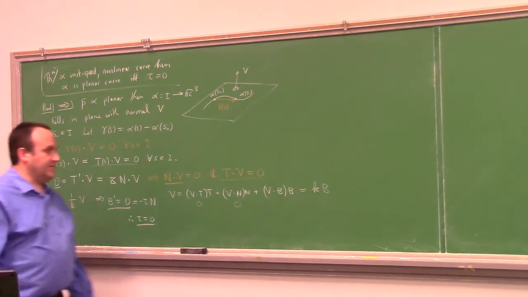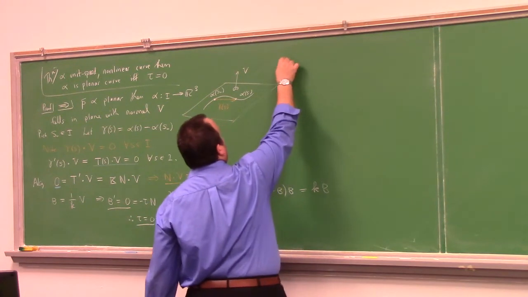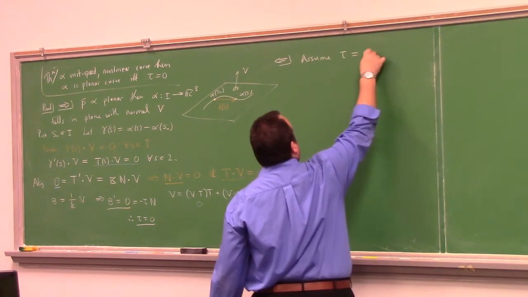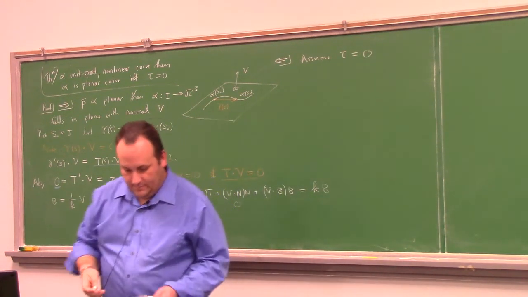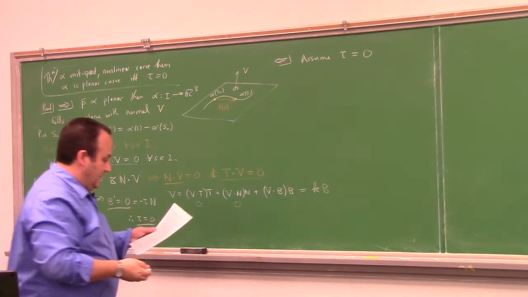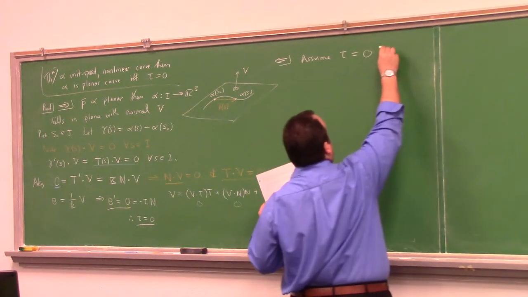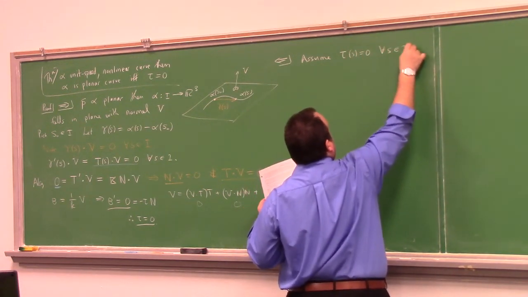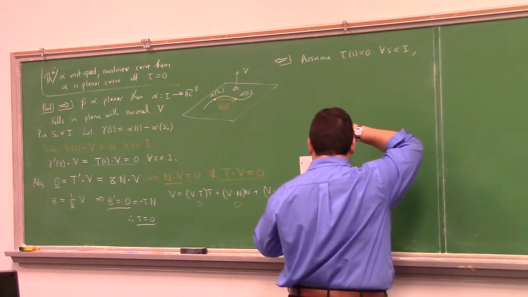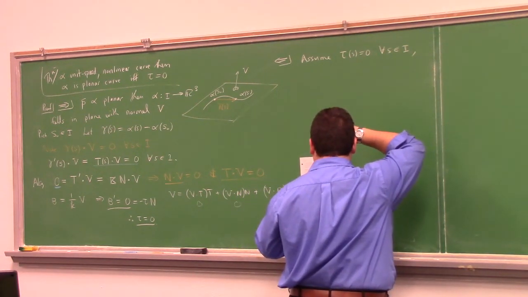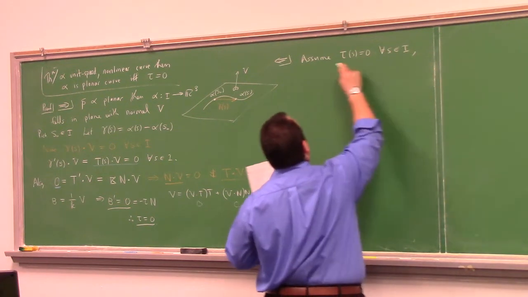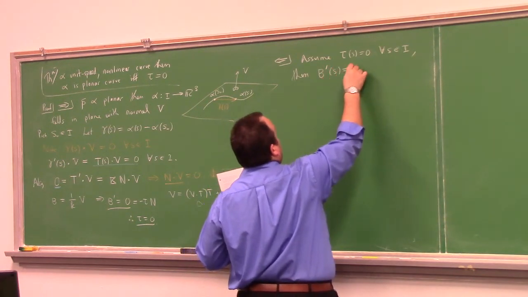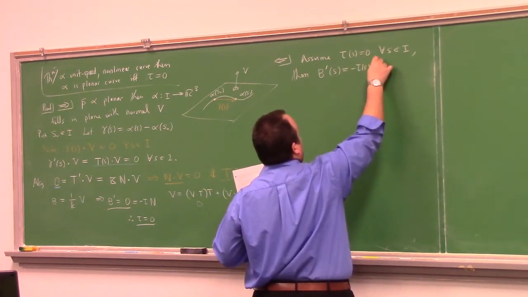Now, what's the converse direction of the proof? So assume the torsion is equal to 0 for all s in I. Then b prime of s is equal to minus tau of s times n, which equals 0.